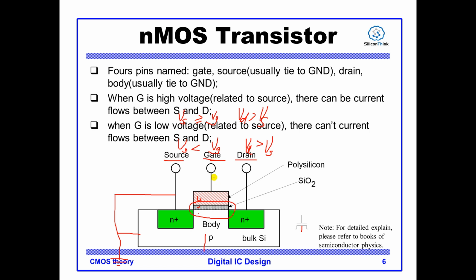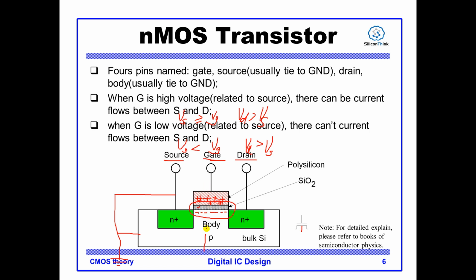If you give high voltage at gate pin, there will be positive charge at the surface of the gate. The positive charge will attract negative electrons to the surface under the gate.